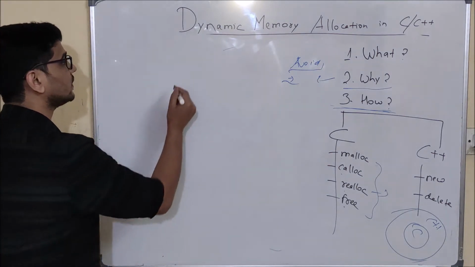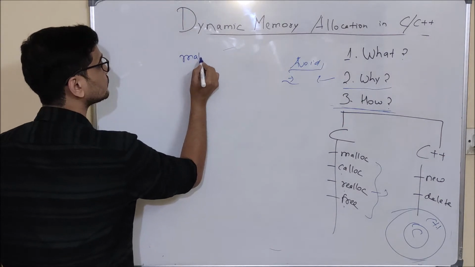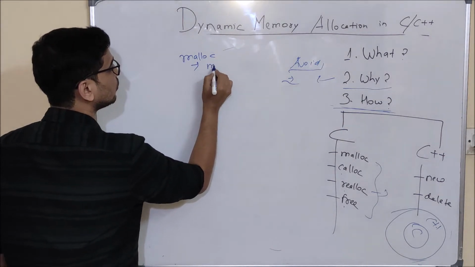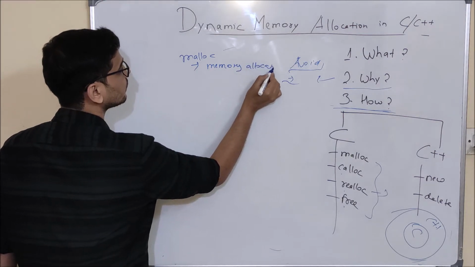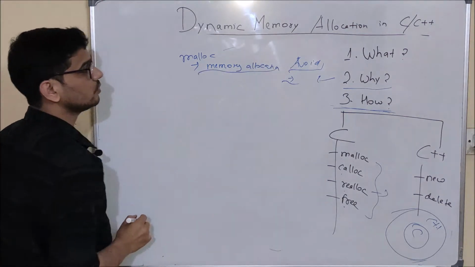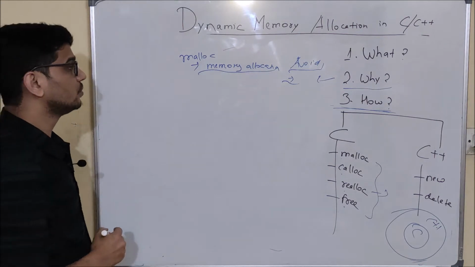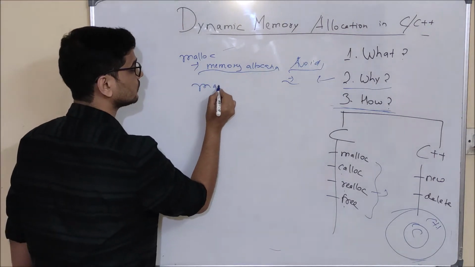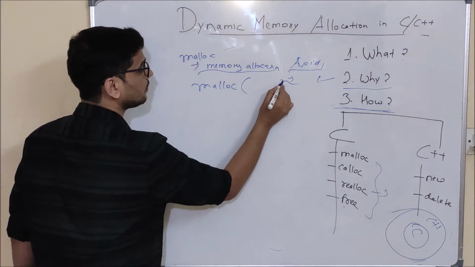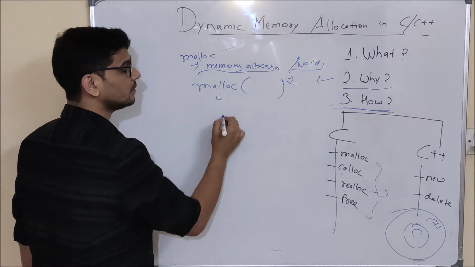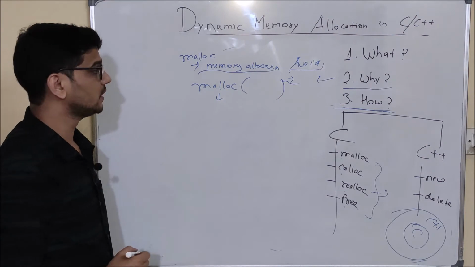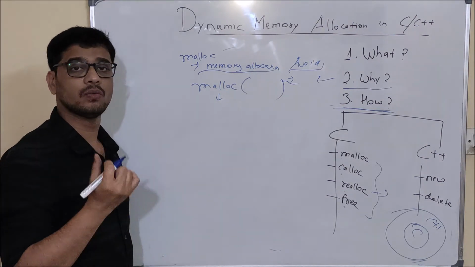So first of all, what is malloc? It stands for memory allocation. So how are we going to use this malloc function? Malloc takes a parameter, and that parameter is how much memory we want.